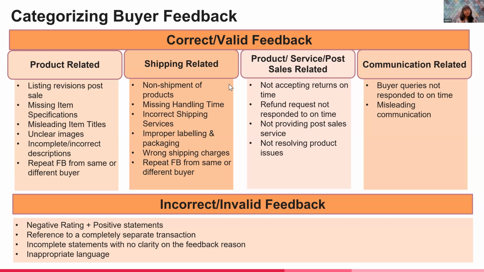If you have received feedback talking about the product, and we find that the negative or neutral feedback the buyer has left for you is because of some kind of revisions that you've done in your listings, where the buyer is stating that the item was missing the item specification, the item titles were misleading, the images that were added were unclear, the description was either incomplete or incorrect, and very importantly, we see repeat feedback for the same product from different buyers, right?